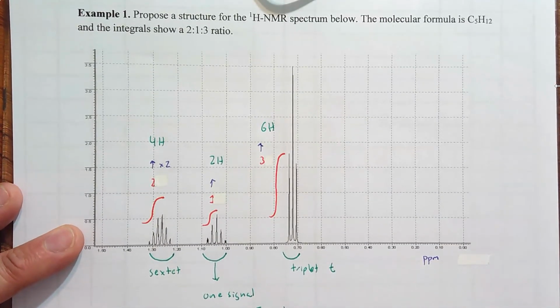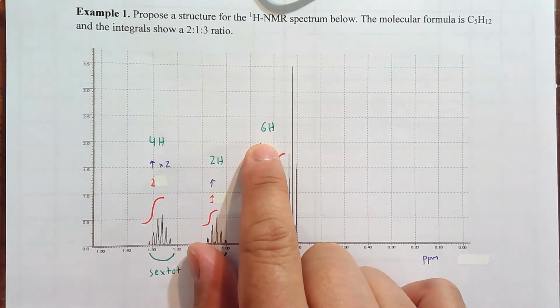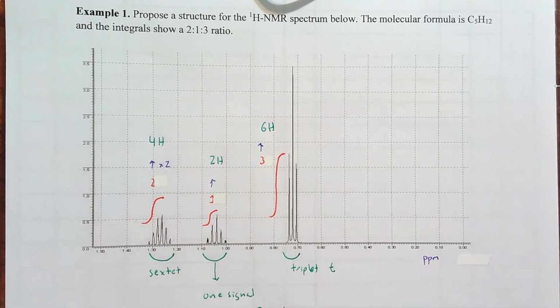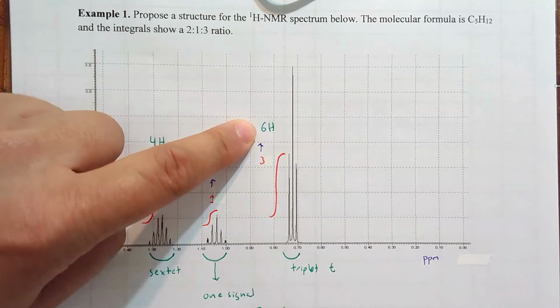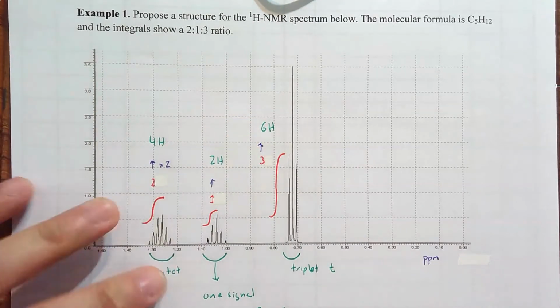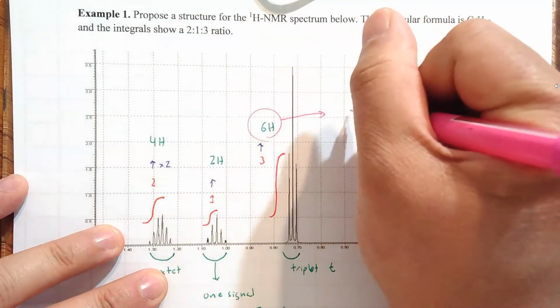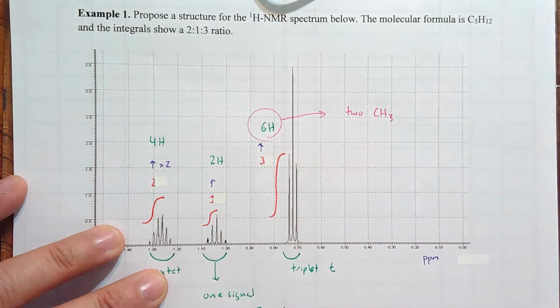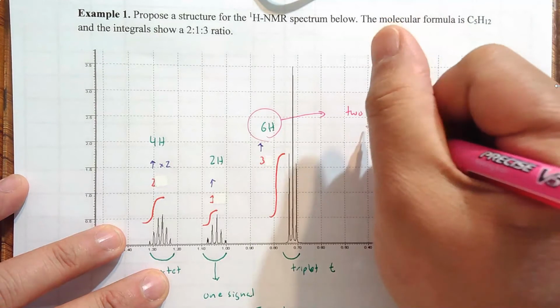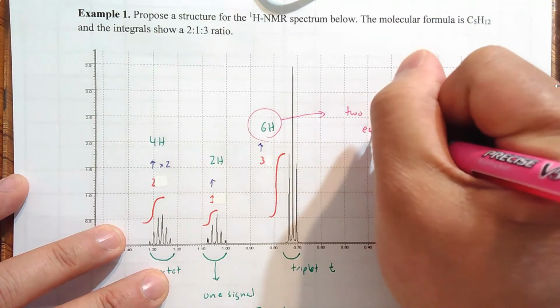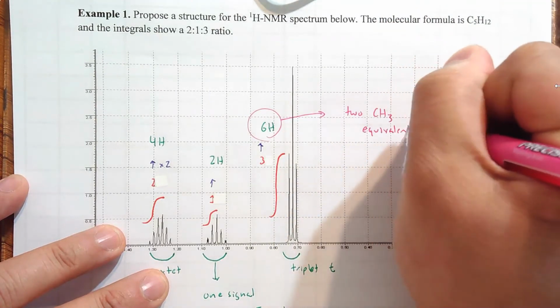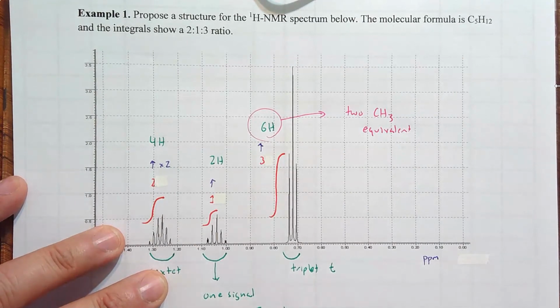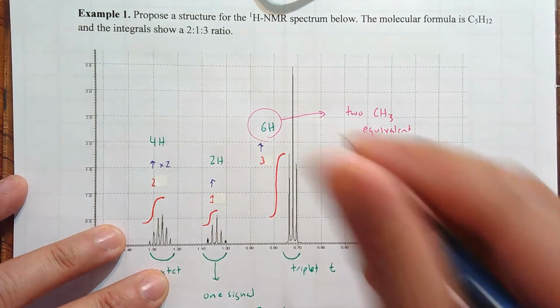Interesting. I have 6 hydrogens that are equivalent. I can't have a carbon with 6 hydrogens around it. You know what, this is a good clue that I have 2 methyl groups. Not only do I have 2 methyl groups, I have 2 methyl groups that are equivalent. Not only do I know that they're equivalent, this is a triplet.